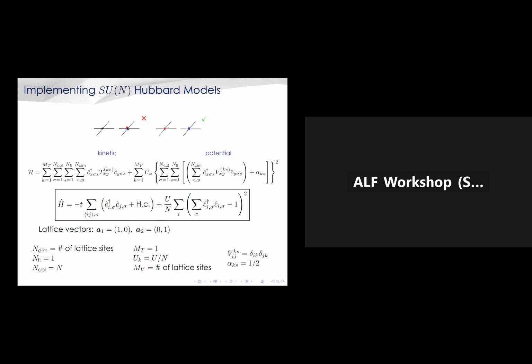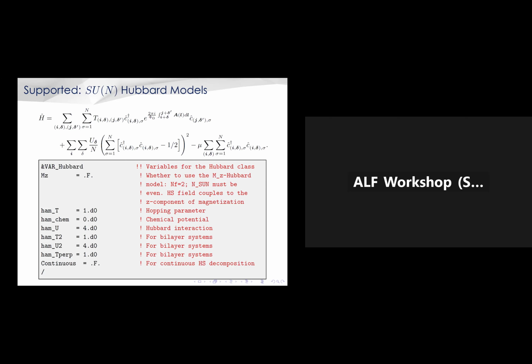Then we can set this alpha_ks. This alpha_ks is actually within this N color sum, so it's going to be equal to 1/2 so that we get 2 of them, or maybe minus 1/2 actually. Okay, and that's how you would think through these components if you're making the model.